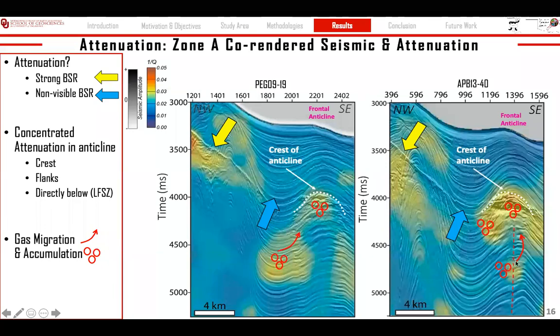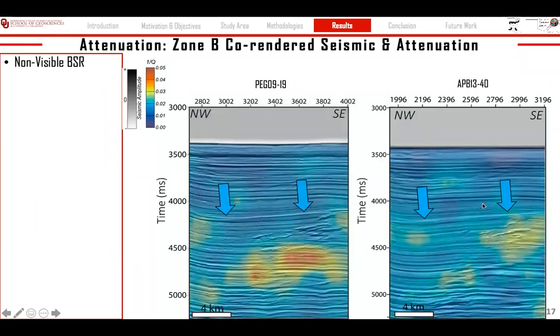And it also co-locates with our interpretations of the low frequency shadow zone associated with attenuation that we observed in our instantaneous frequency and spectral decomposition results.